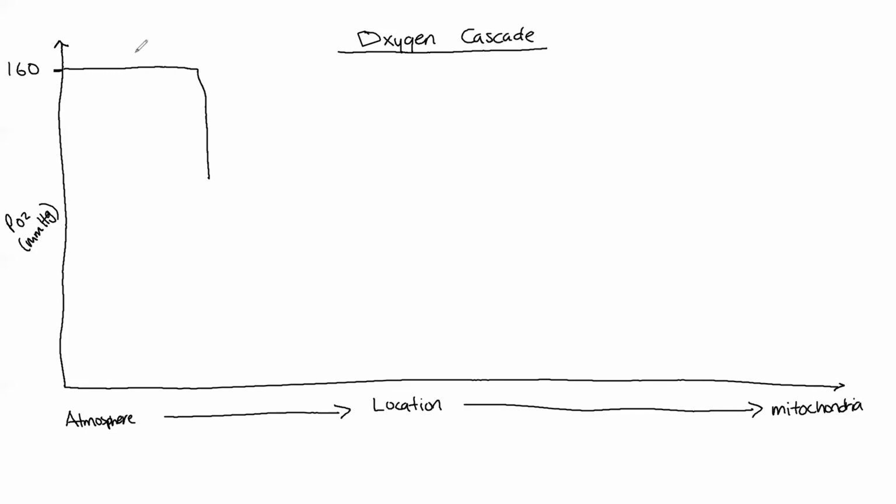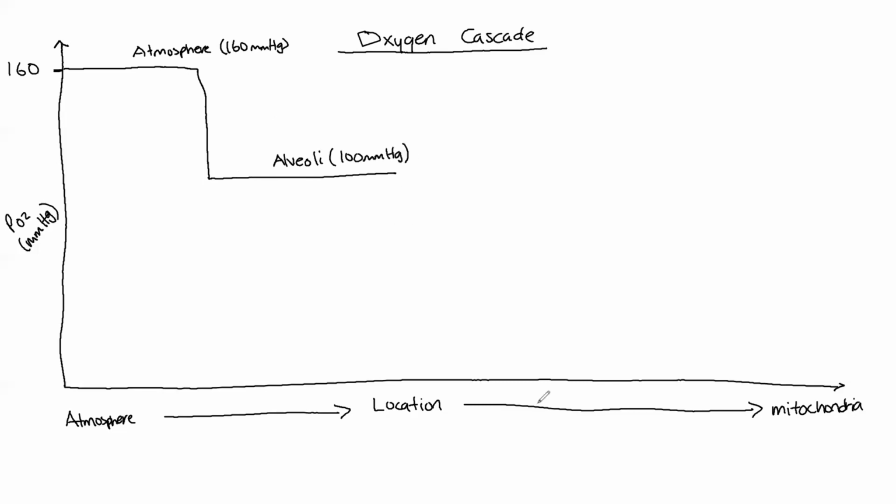So up here is going to be our atmosphere, 160 millimeters of mercury. By the time we get down to our alveoli, it's going to drop off to about 100 millimeters of mercury. So this is our alveolus or alveoli. It's dropped off to 100 millimeters of mercury.